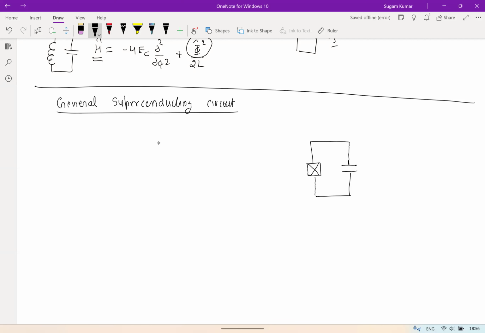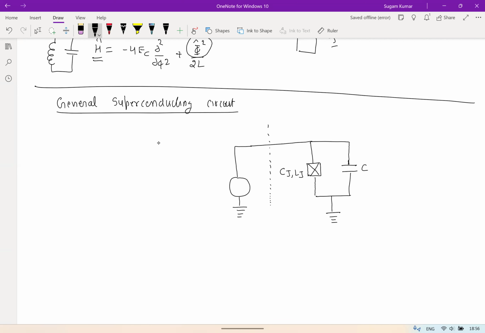In this Josephson junction, we have a CJ also, and we have an LJ also. And here we have a C. And then we make a normal line here, just one line. And then we're going to have a source here. So this is the ground, and this is another ground.